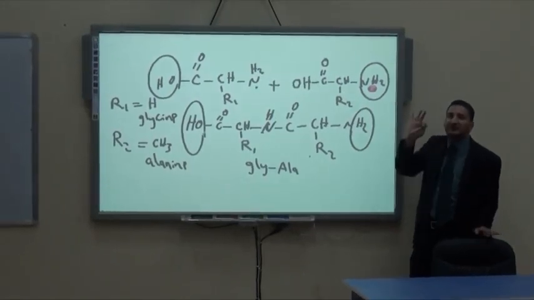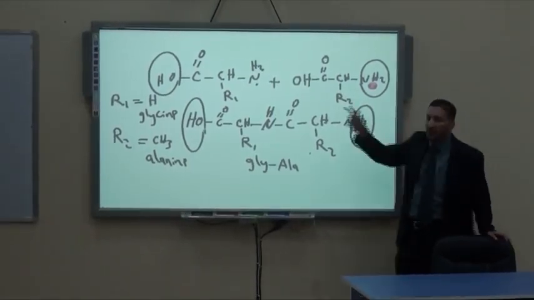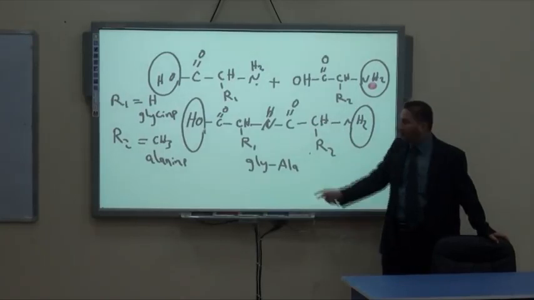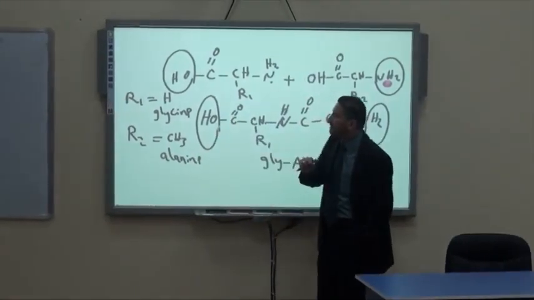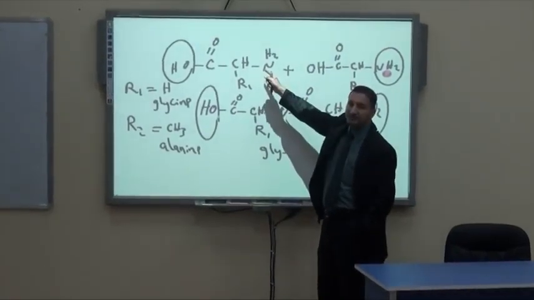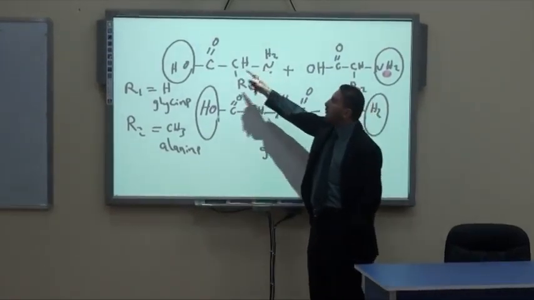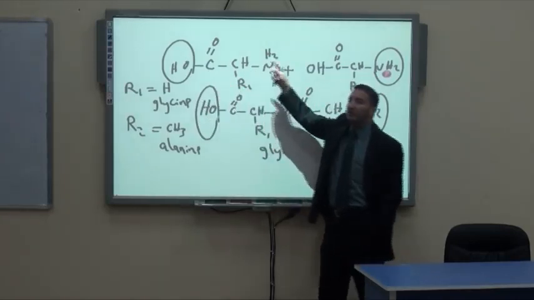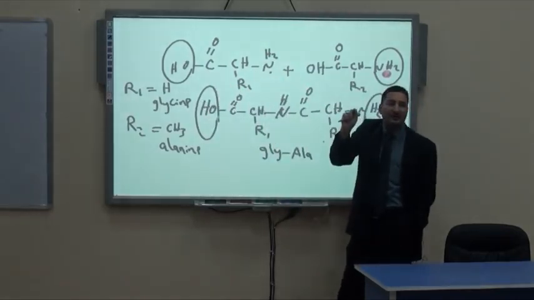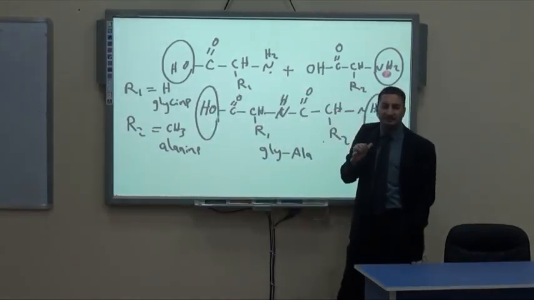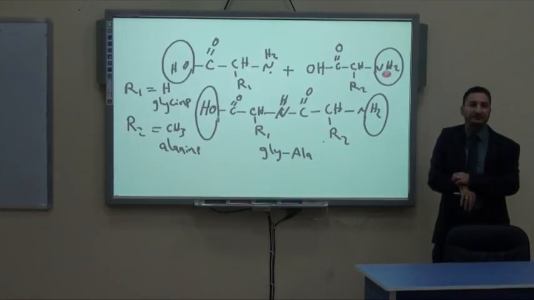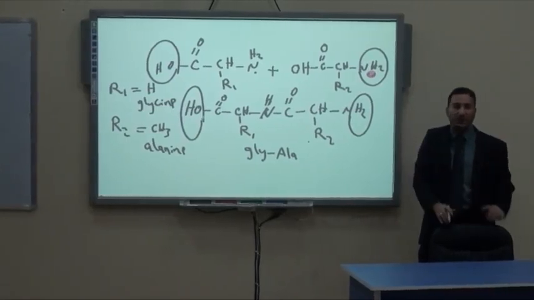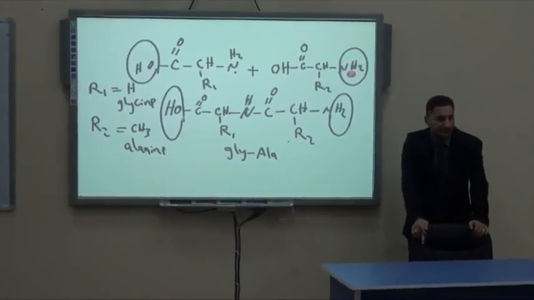It will produce a fully protected tripeptide. If you elongate from the other side, remove the carboxyl protection and react with an amino acid protected at the amino group, in order to force the reaction as I need. This is the basis of peptide synthesis. Any question? In order to return to our scheme.